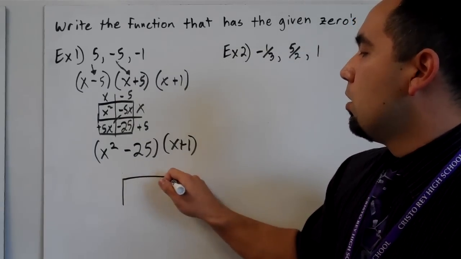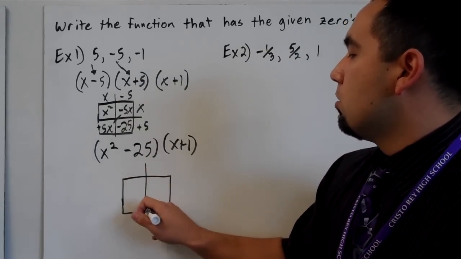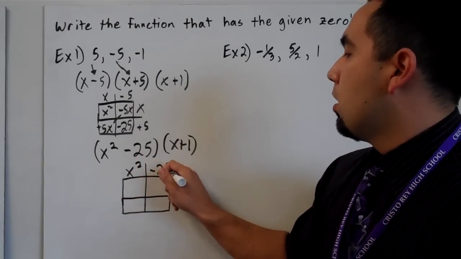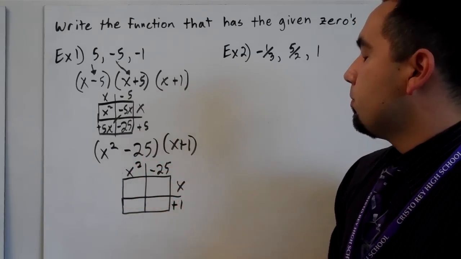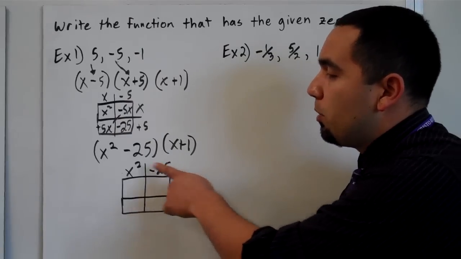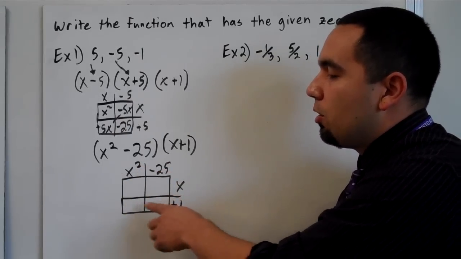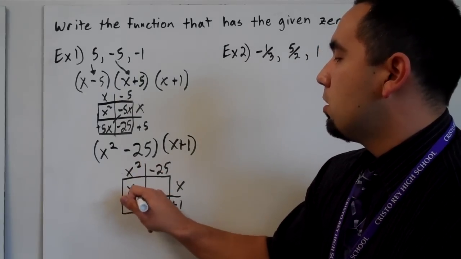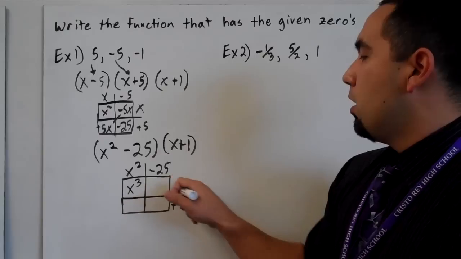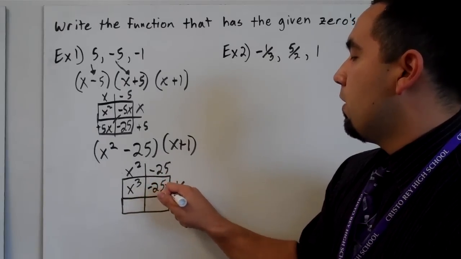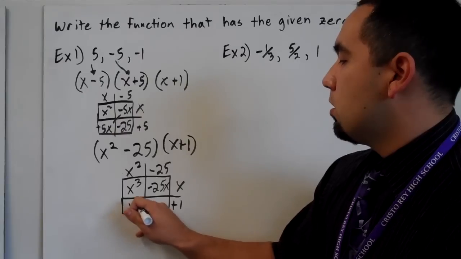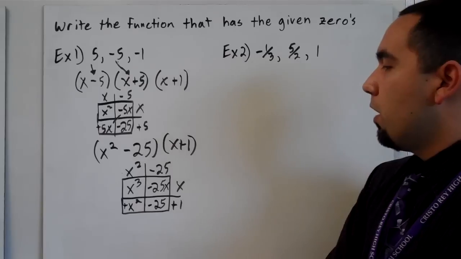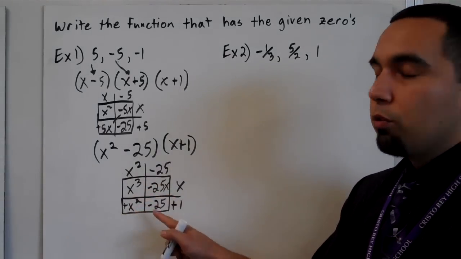Again, I'm going to use the box, and you can use any method you want. You can use FOIL, but I like using the box. In this case, since our exponents do not match, we're not going to be able to add our terms. But let's see what we get. x times x squared is x cubed. x times -25 is -25x. 1 times x squared is just x squared, positive, and this is -25.